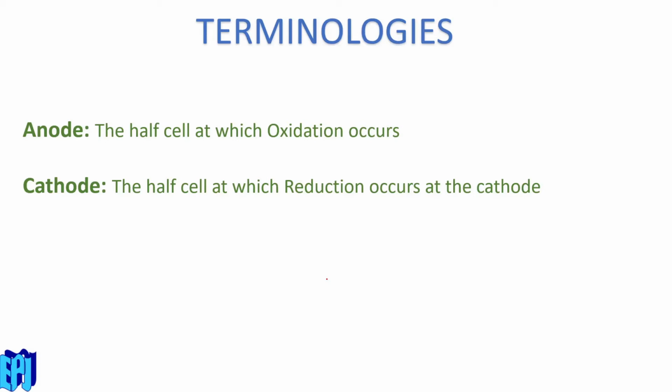Anode is the half cell at which oxidation occurs. The main point is these are the cells at which oxidation occurs. And cathode is the cell at which reduction occurs. Just keep it in mind.